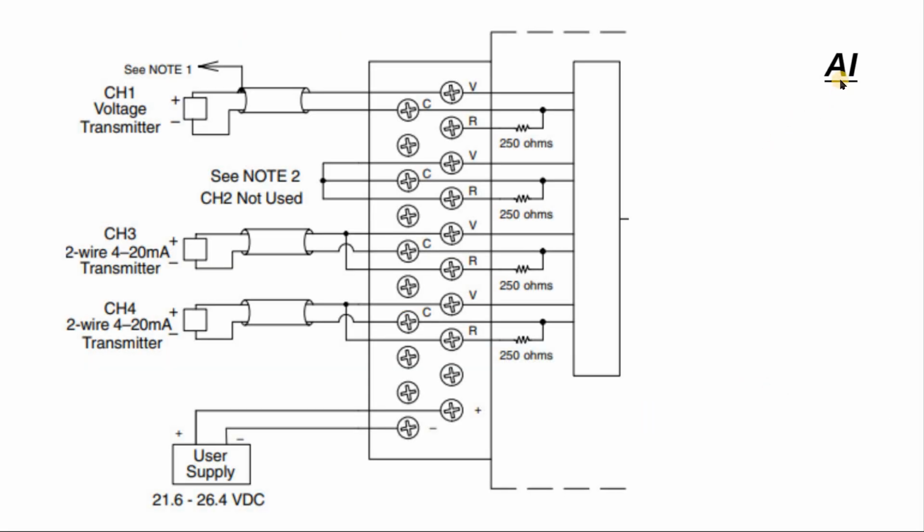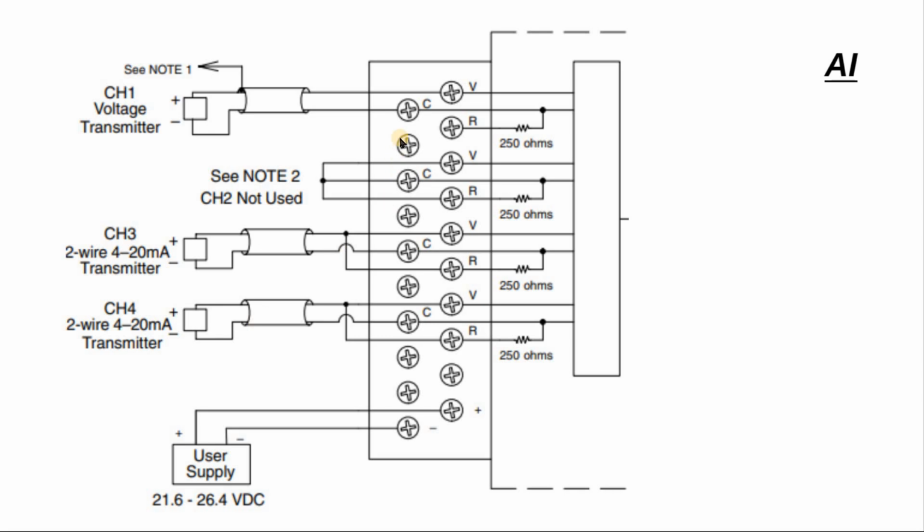So let's move to an analog input card. You can see here they specified that this card requires 24 volt external power to power the card. If you look at the 4-20 milliamps here, 2 wire, there is no power supply here. That means it's already calculated and supplied by this power supply.